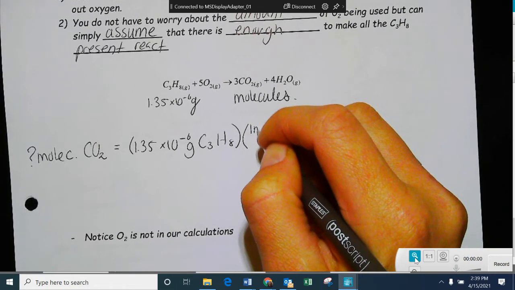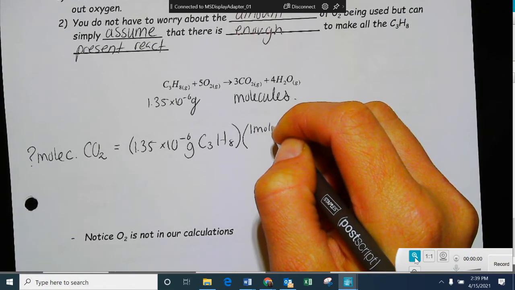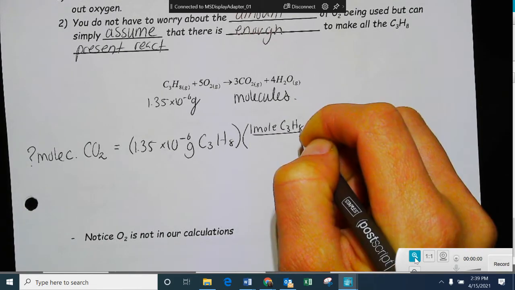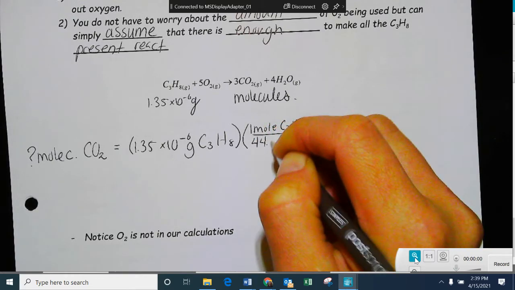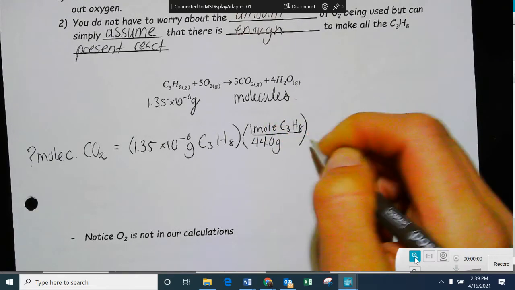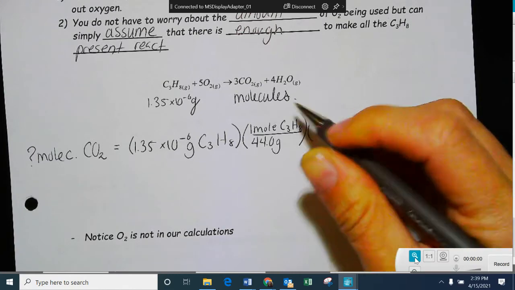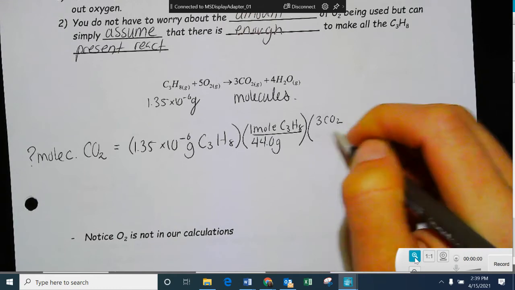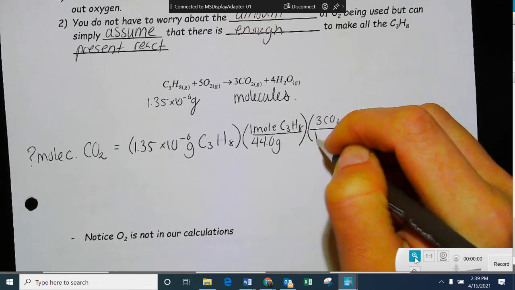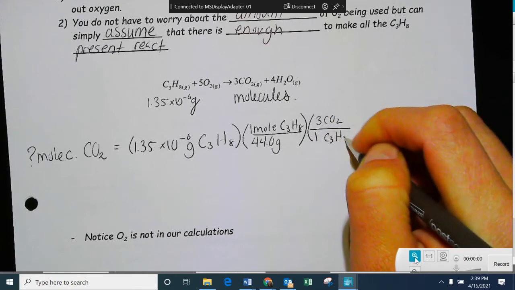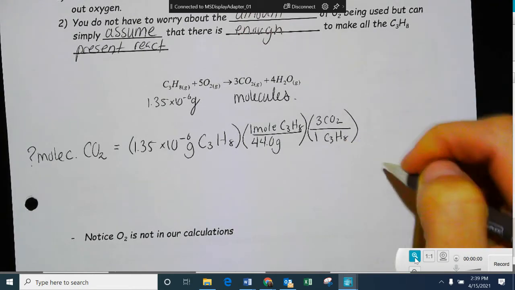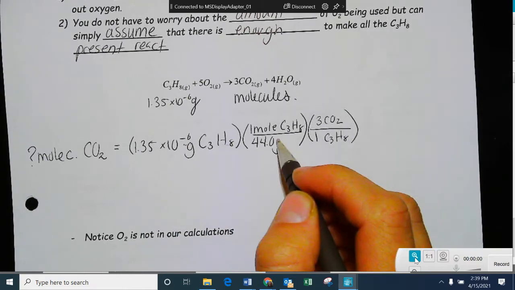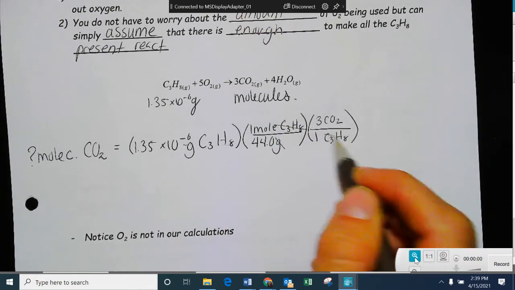So our molar mass, you guys could calculate this if you wanted, but we've got 1 mole of propane weighs 44 grams. And then we have a 3-to-1 ratio, so 3 CO2s for every 1 C3H8. So far we've canceled out grams of propane, and now we've canceled out it being propane.